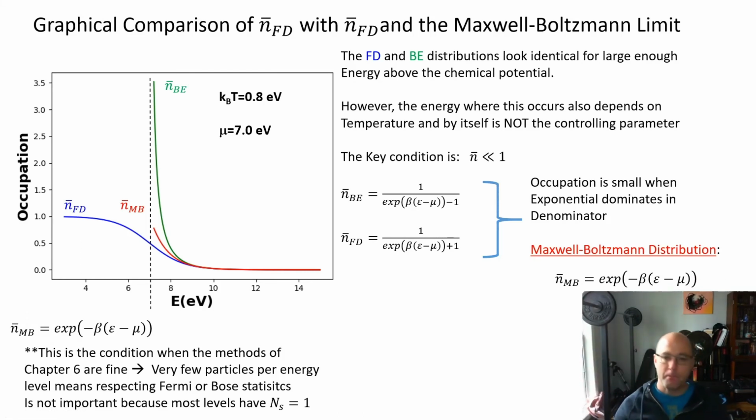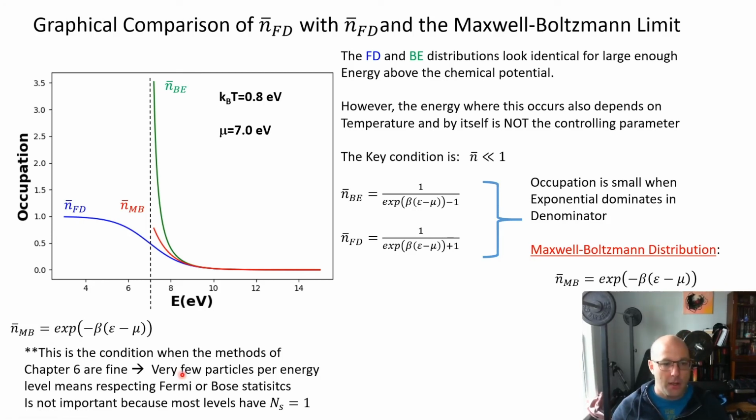This is the Maxwell-Boltzmann distribution, or occupation function if you want. So for very small occupations, you'll always have a Maxwell-Boltzmann distribution regardless of whether you are fermions or bosons.